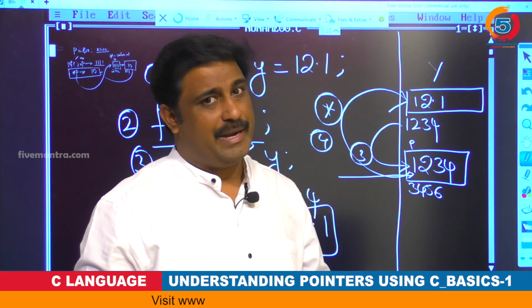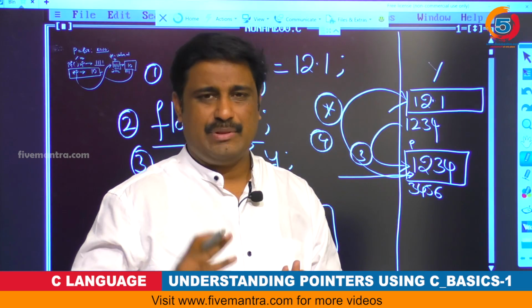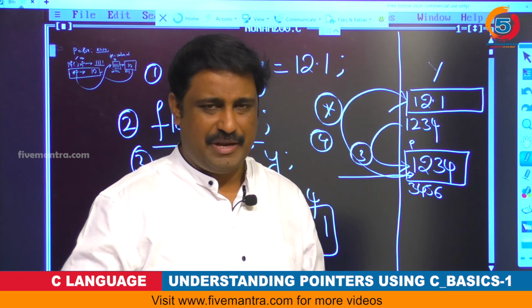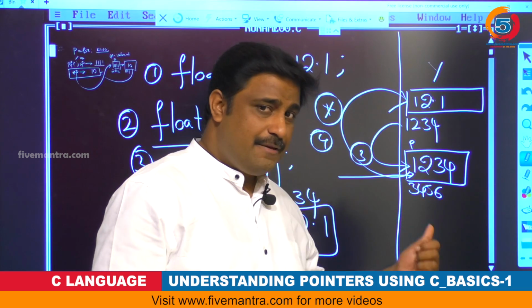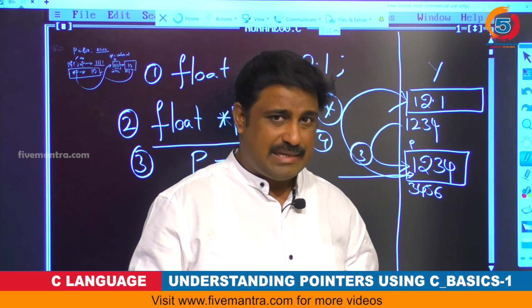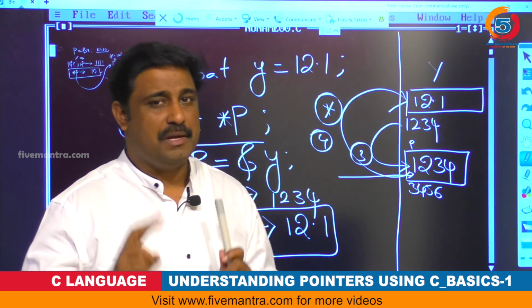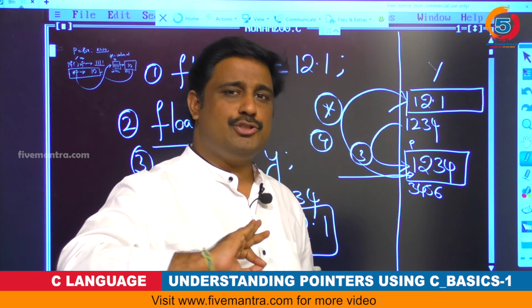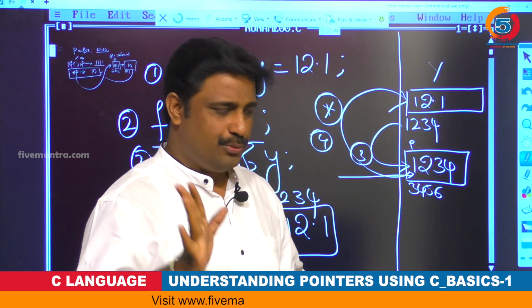Integer holds 2 bytes in C language; in other languages or other environments we don't know, that depends on the operating system, whether it is 16-bit, 32-bit or 64-bit. Now if we are working with the DOS environment, it is 16-bit, because of that an unsigned integer is 2 bytes. So the size of a pointer variable is 2 bytes. Remember, the size of a pointer variable is 2 bytes.